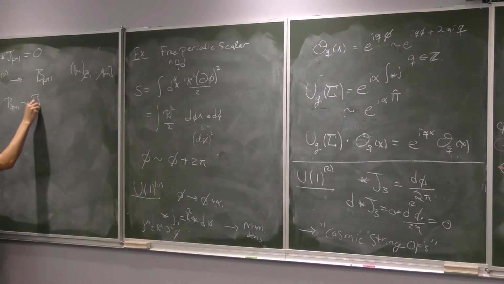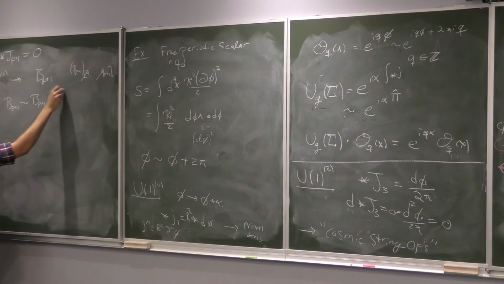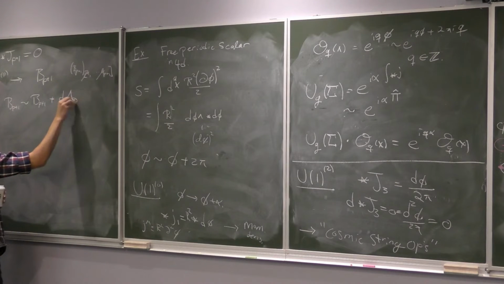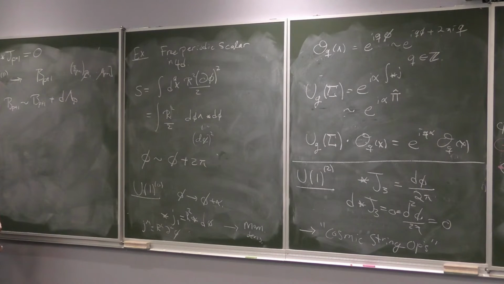And in differential form notation, it looks exactly the same as the gauge transformation for a zero-form symmetry. So here now, lambda p is a p-form. This is a p index antisymmetric tensor field, and d is the exterior derivative.